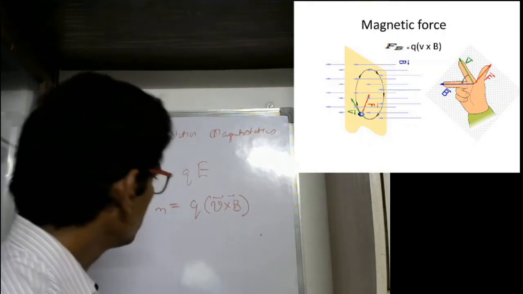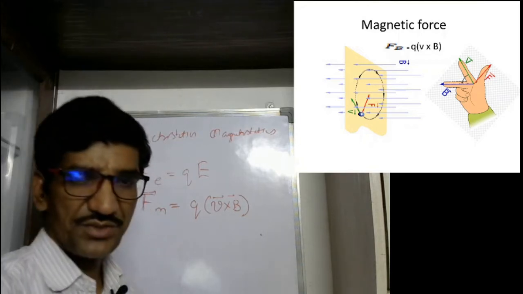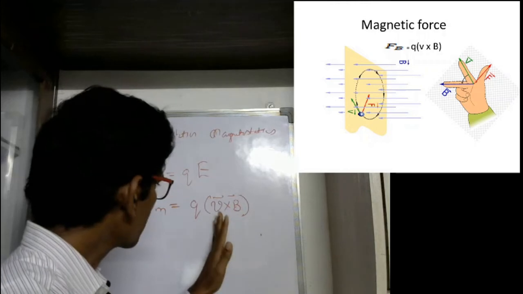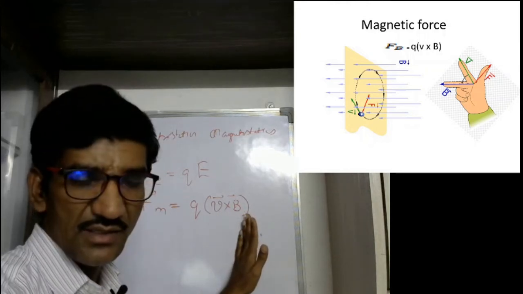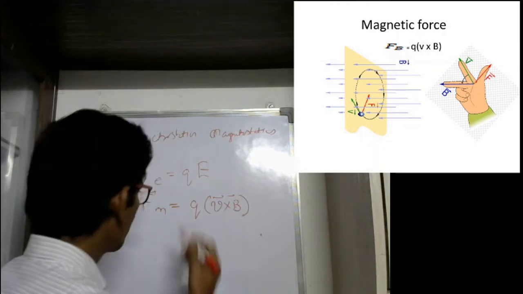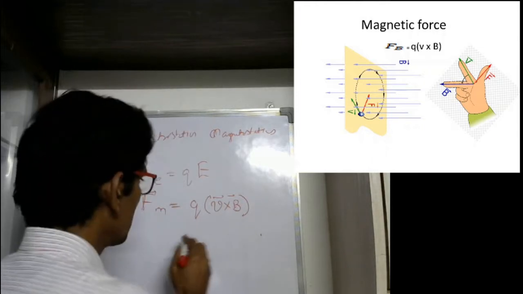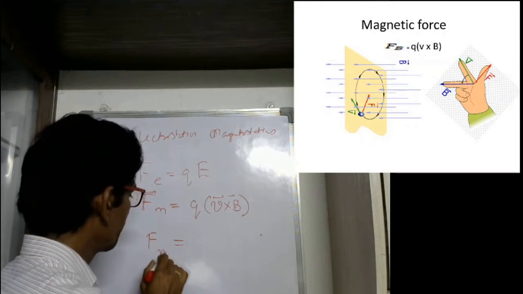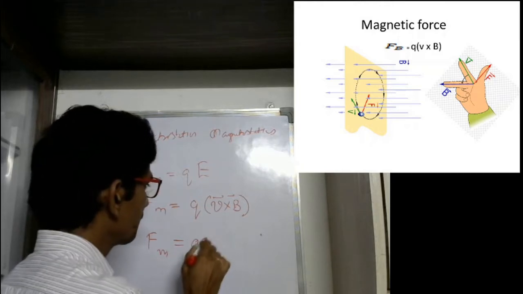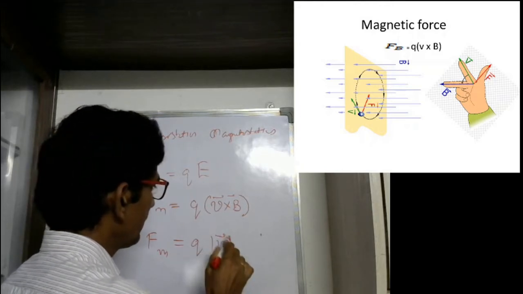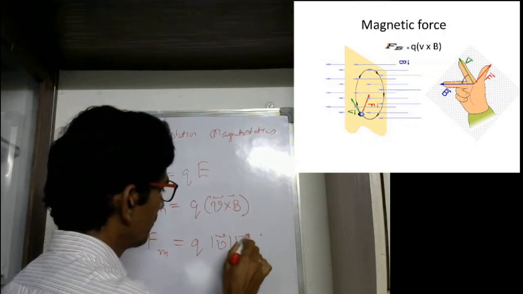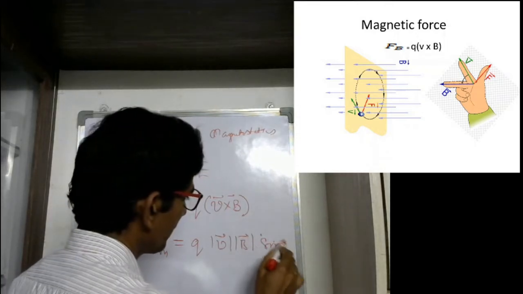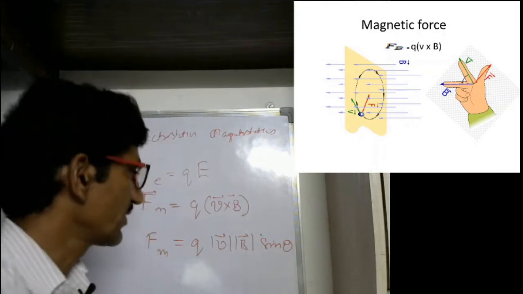Now, you know the magnitudes. You have to just expand this. After expansion, if you want to take the magnitude, Fm is equal to Q V B sin theta.